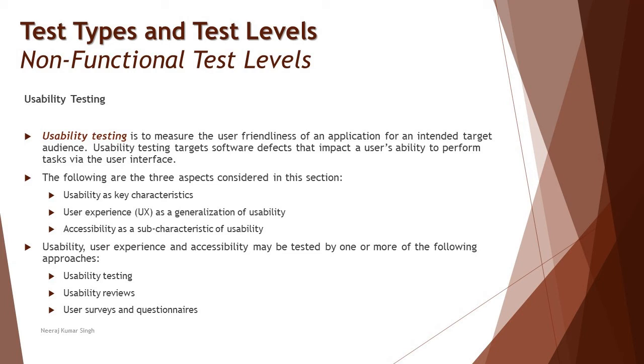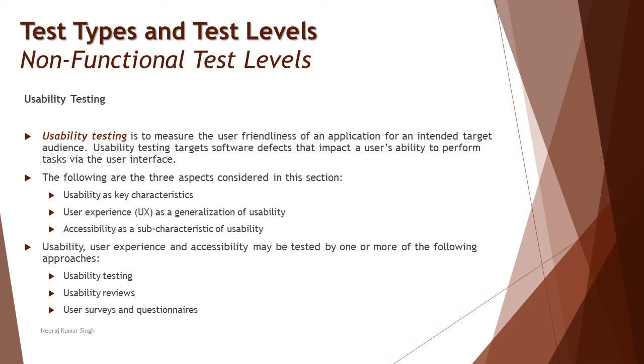The second option is usability reviews, where user friendliness can be reviewed by reviewing the requirements. In fact, you have heuristic approaches to review the design. You can even review the requirements to see if we have all the necessary information to define the expectations of the end user. Third, but not the last, you can also collect information from various reputed organizations which collect consistent data from real users about what they expect to have in a particular application.